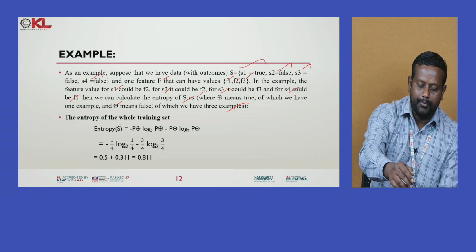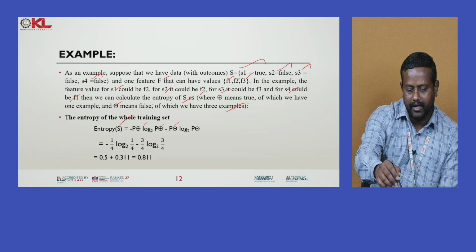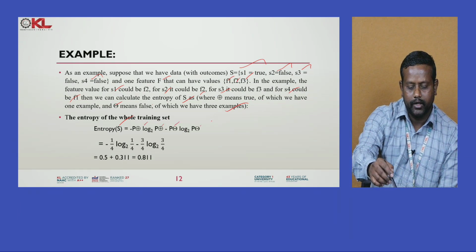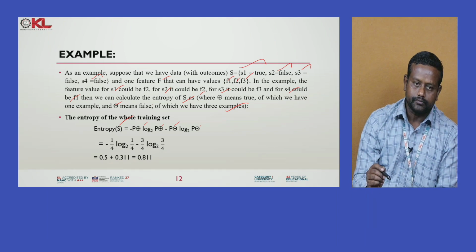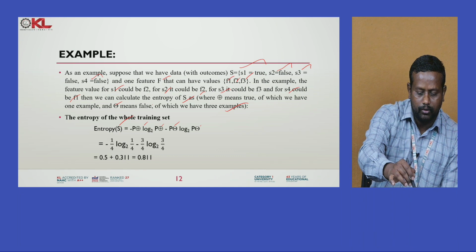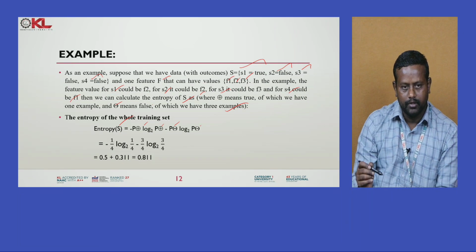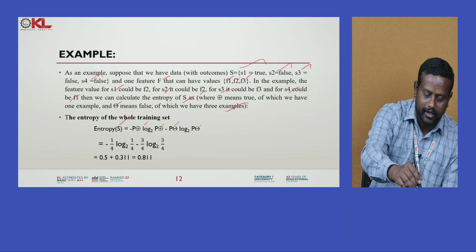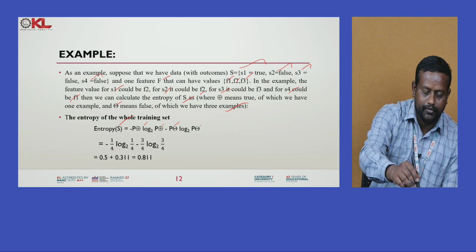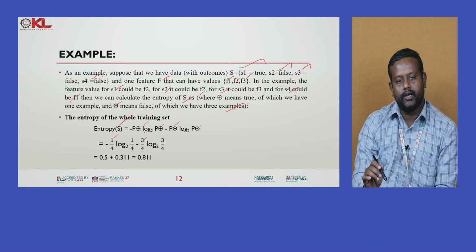So the entropy of S is equal to minus positive log 2 positive minus negative log 2 negative, the probabilities. So it is equal to minus 1 by 4 log 2 1 by 4 minus 3 by 4 log 2 3 by 4. The 1 by 4 means the total number of examples is 4, from that 1 is the true value and 3 are the negative values.